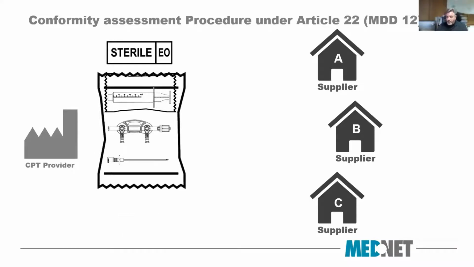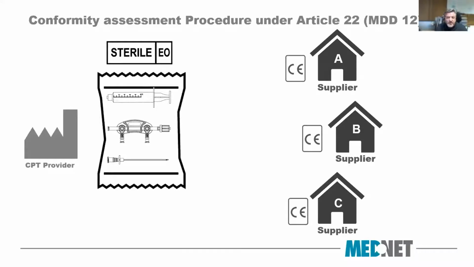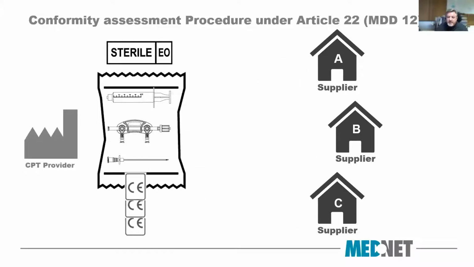Again, one of the most attractive reasons for adopting a procedure pack is elimination of waste. This method merely moves the responsibility of waste disposal from the hospital to the CPT provider. Once the sterilization validation is completed, a CE can be applied to the CE procedure pack and the documentation compiled.